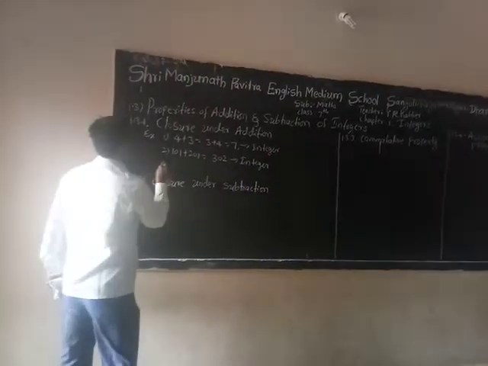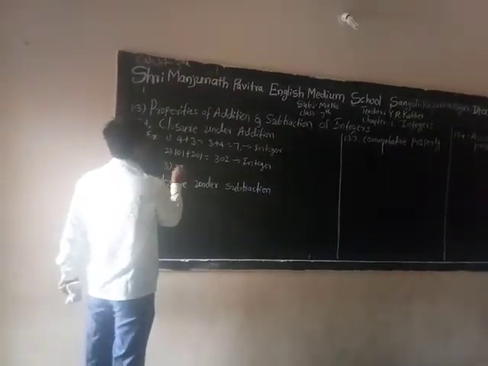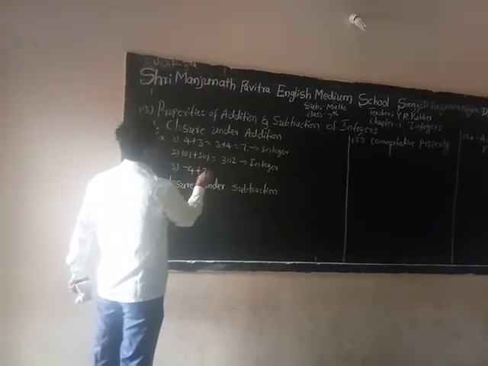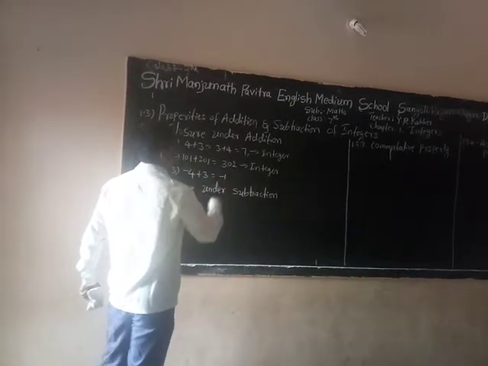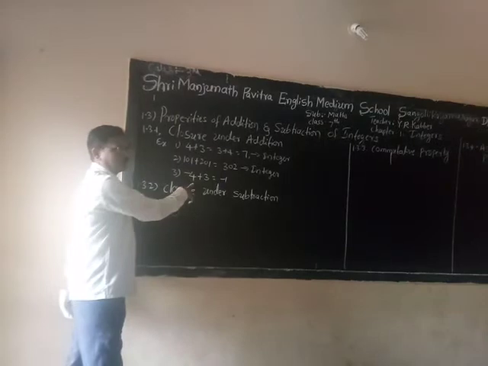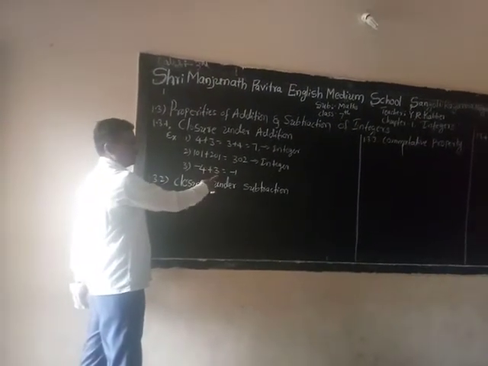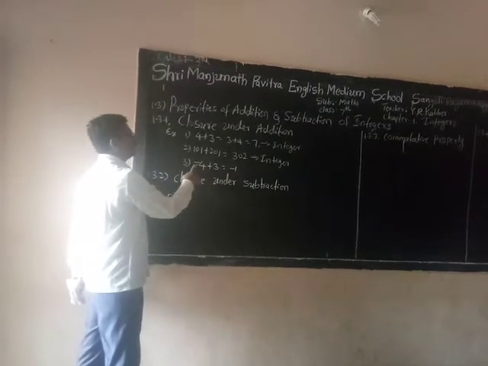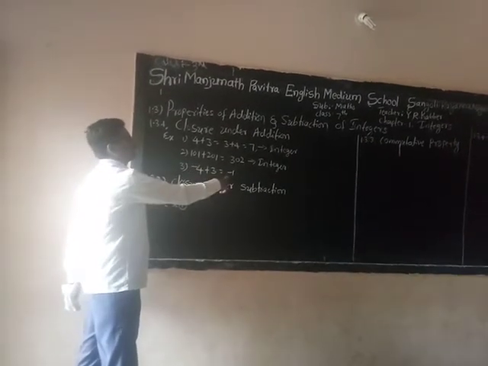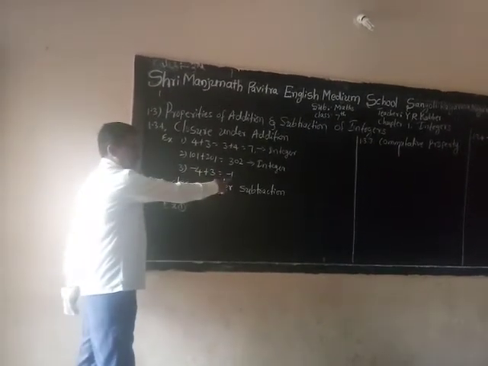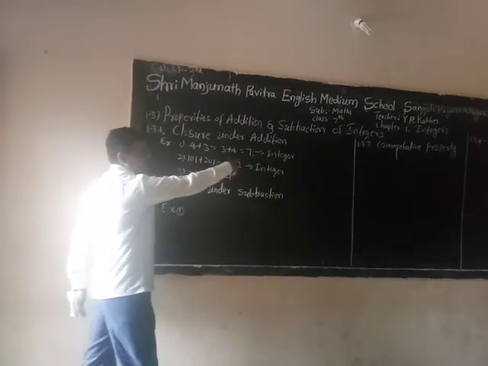For example, another one. Listen here. Minus 4 plus 3 is equal to minus 1, because 4 is the bigger one, 3 is the smaller one. We subtract 4 minus 3, get 1. 4 is a negative integer, for that purpose I give a negative sign. This is a negative integer, this is a positive integer, this is also a positive integer.